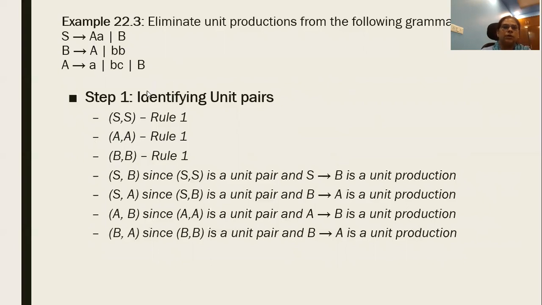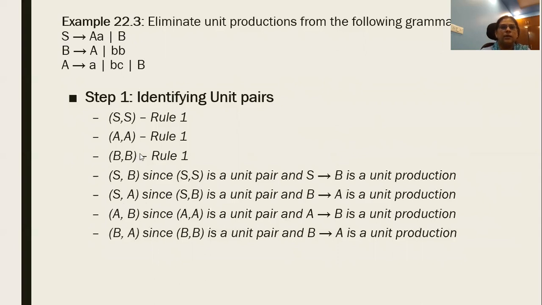Now, S derives B is a unit production, and you have (S, S) as a unit pair. Hence, (S, B) is also a unit pair. Similarly, since (S, B) is a unit pair and B derives A is a production, (S, A) is also a unit pair.